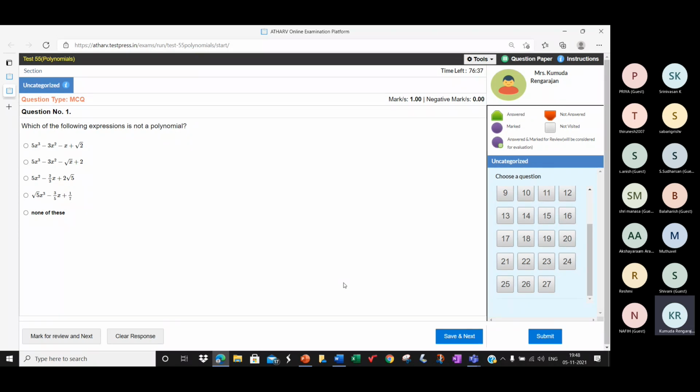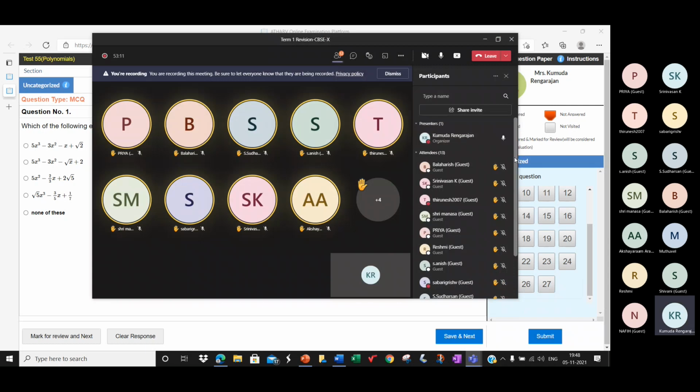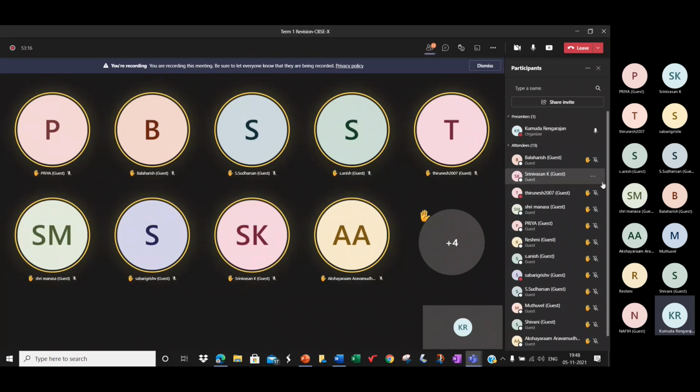It would be nice if all of us participate. Why? Bala Harish, are you there? Please share your thoughts, children. It's revision. I'm there, ma'am. Yes, why don't we unmute and share our thoughts? Srinivasan participates, Thirunesh, yes, Manasa, Priya, Reshmi, Anish, Shabari is active these days.